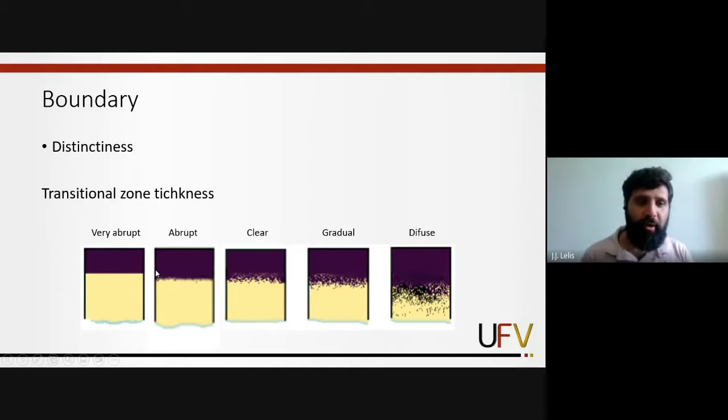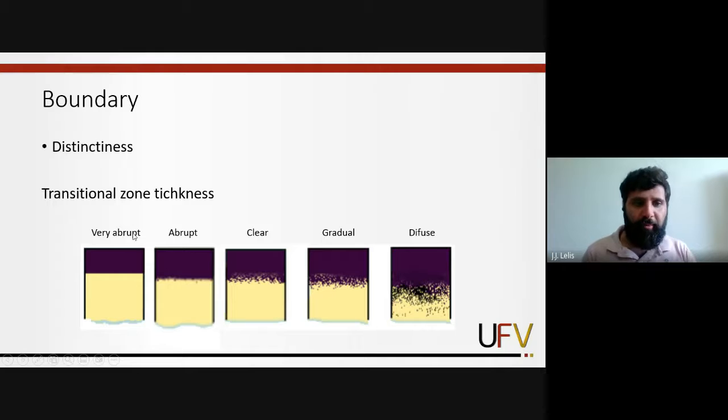In general, materials that are deposited very soon, just a few weeks or months or even some years, present this kind of boundary. And very old and well-developed materials present this other kind of boundary, okay?